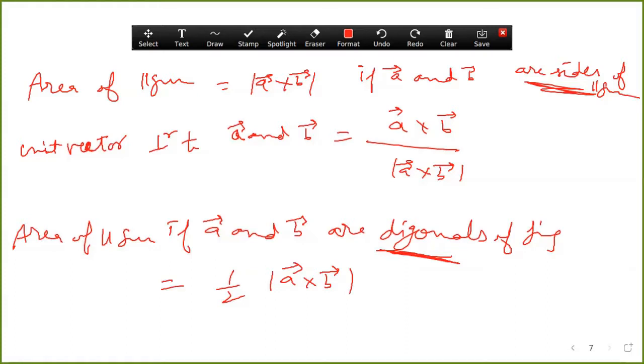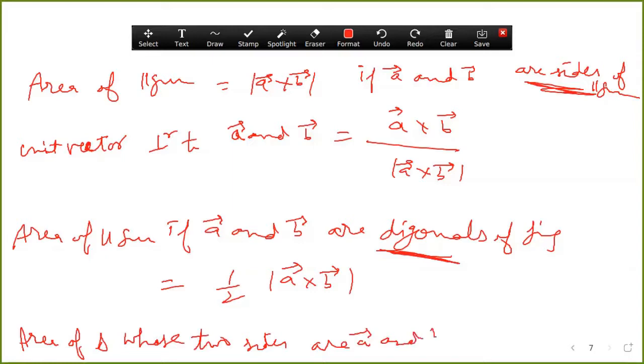Now the area of a triangle whose two sides are represented by A and B is again written as A cross B upon 2, or half of the magnitude of A cross B. These are the formulae which you have to learn for dot product and cross product, or you can say scalar product and vector product.